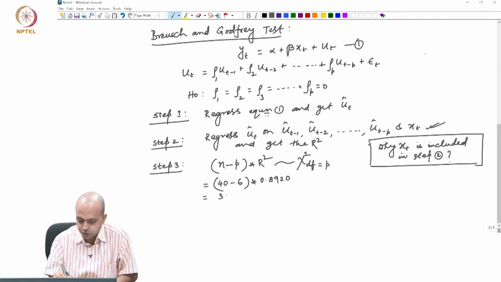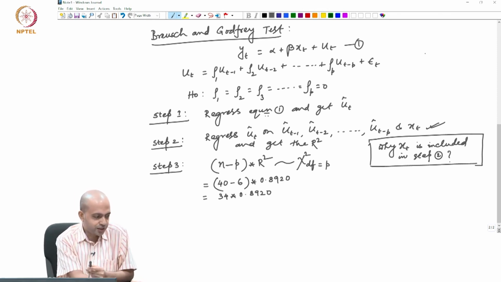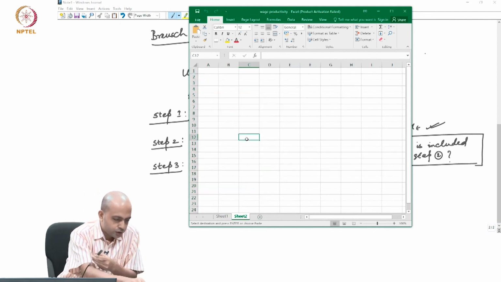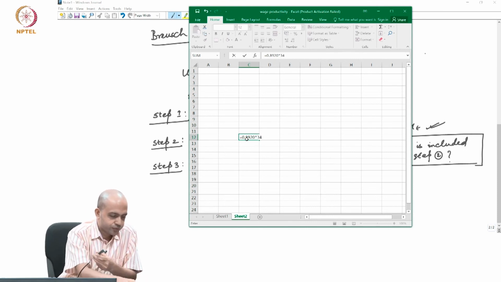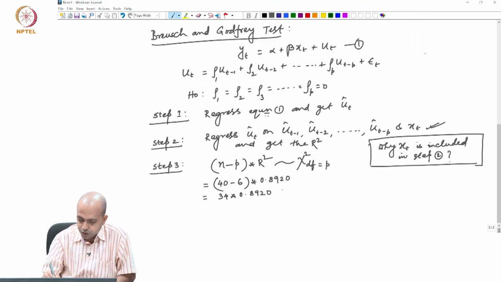So, 34 multiplied by 0.8920, and if you multiply that, how much will it come? It comes to 30.328.